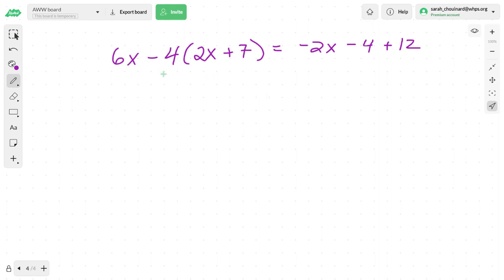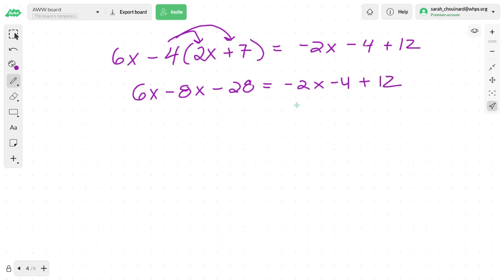The reason I can't answer it is because this equation's not simplified. So we first need to distribute and combine like terms. So we'll distribute the negative 4 here, leaving us with 6x minus 8x minus 28 equals negative 2x minus 4 plus 12. After we distribute, we're going to combine the like terms on each side of the equation.